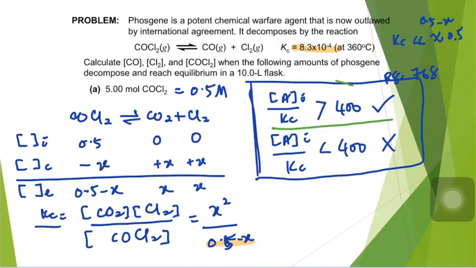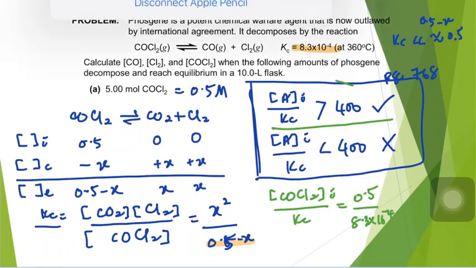Now, by using this formula, we have to identify whether x can be neglected. So the initial amount of COCl2 over Kc is equal to 0.5 over 8.3 times 10 to the negative 4.